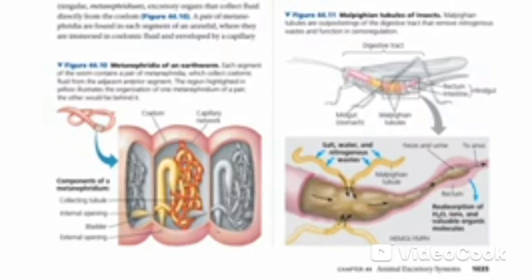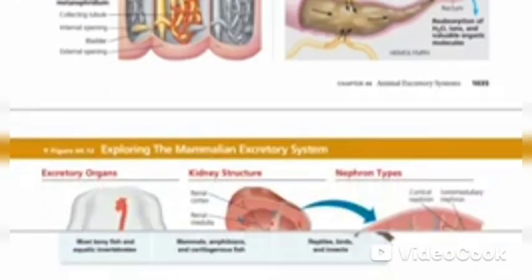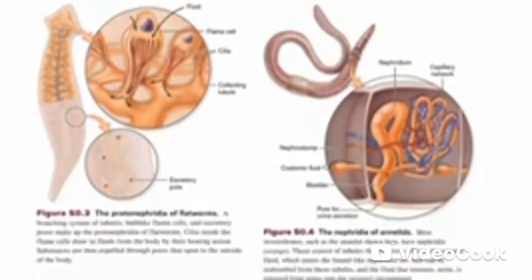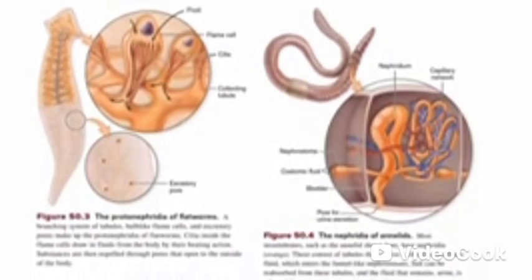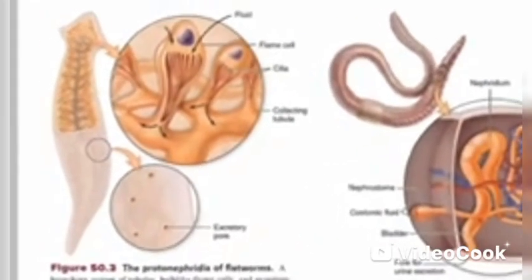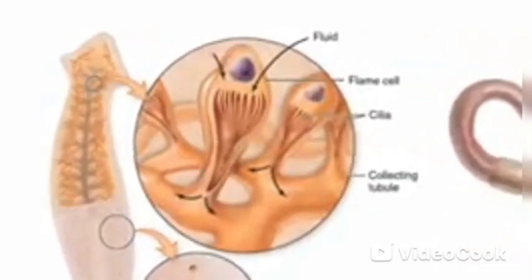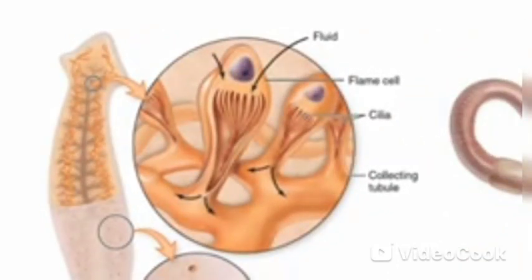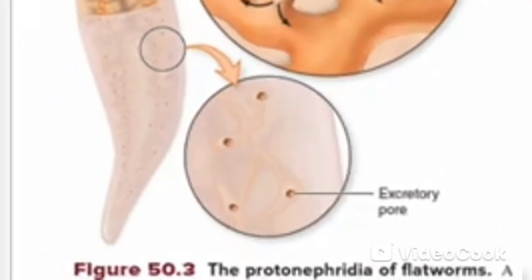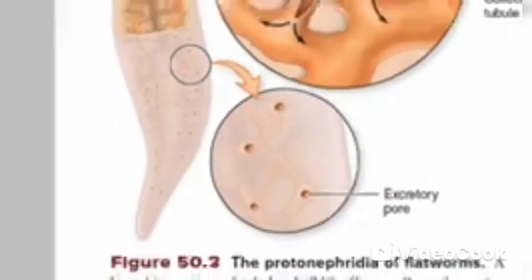And in this figure, metanephridia of an earthworm, and on the right hand side, Malpighian tubules of insects. Now here, in this figure, the protonephridia of flatworms: flame cell, fluid, cilia, collecting tubule, excretory pore.